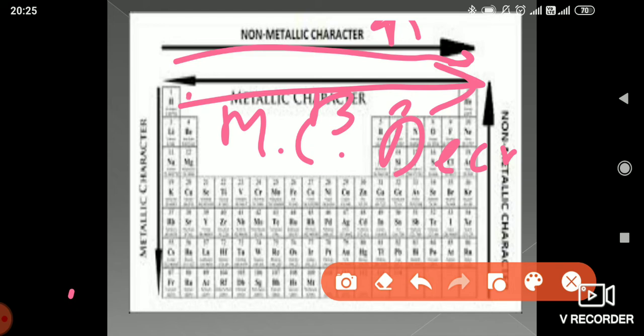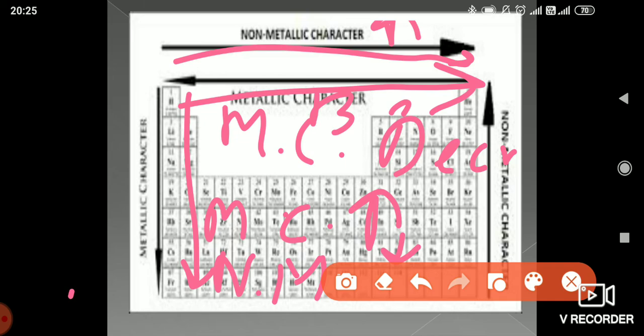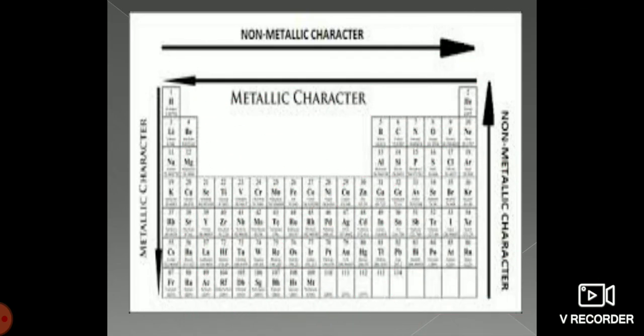And similarly, if you go from top to bottom in a group, the metallic character is increasing and the non-metallic character is decreasing. This is because metallic and non-metallic characters are opposites.